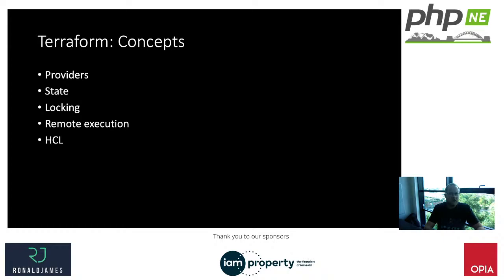There's a few key concepts as well that we need to be aware of with Terraform that may be a little bit strange compared to how a few other things work. So providers I've already talked about, but the key thing with Terraform is this thing called a state. When we run Terraform and say go set up some servers, it will maintain its own knowledge of the state of our environment, and it'll create this state file.